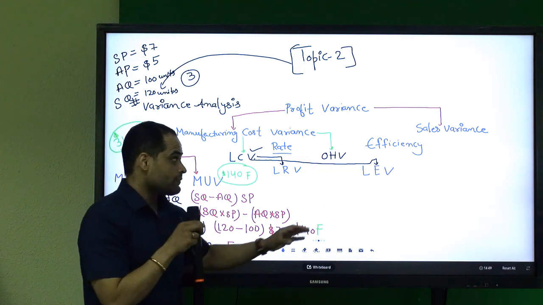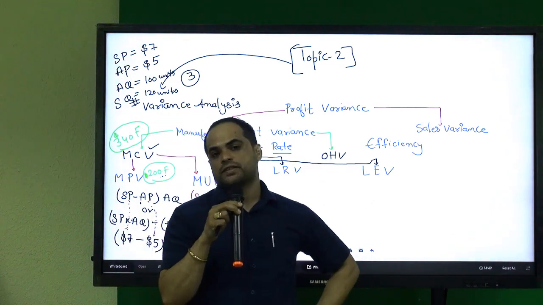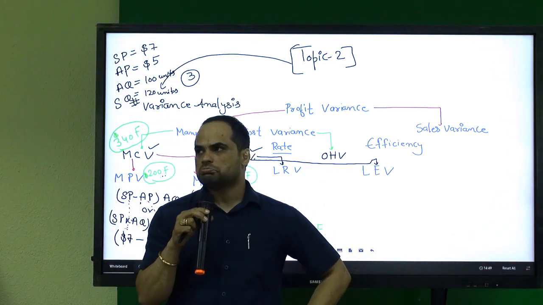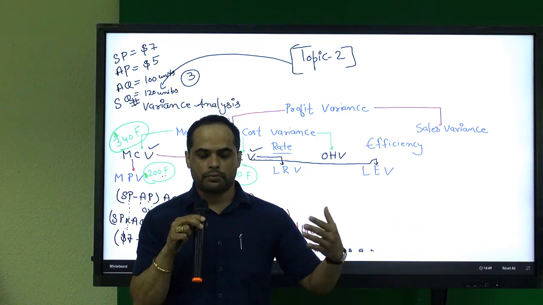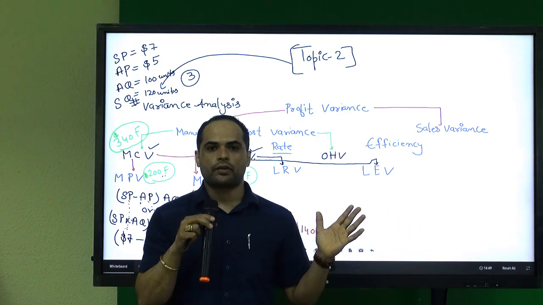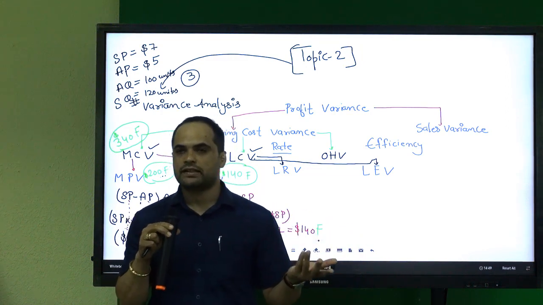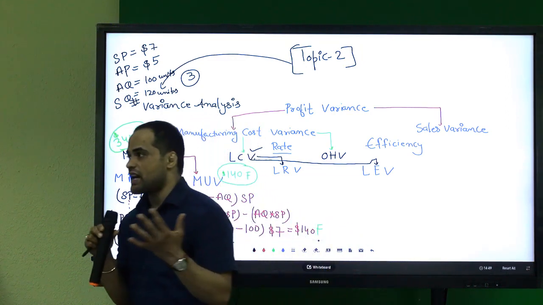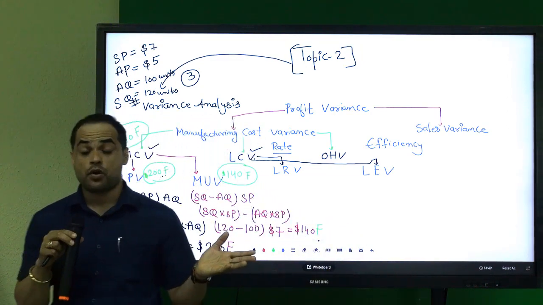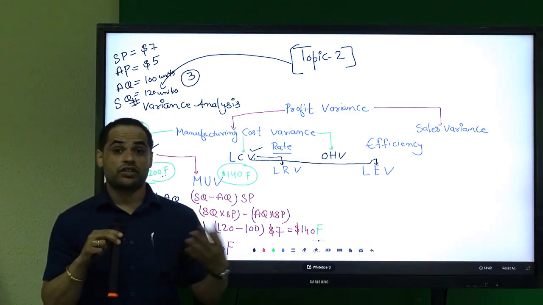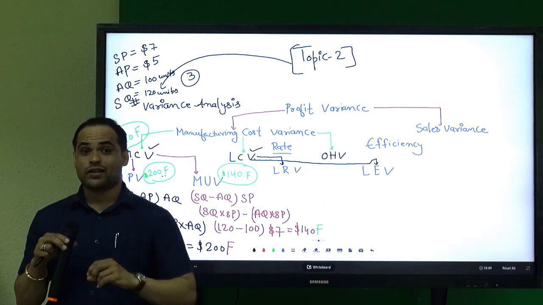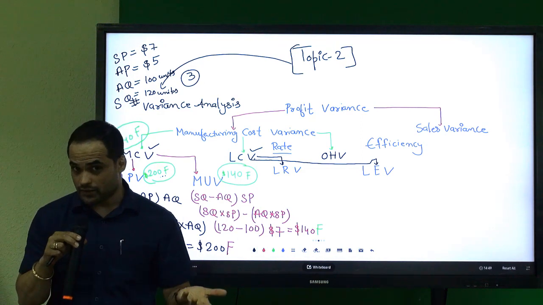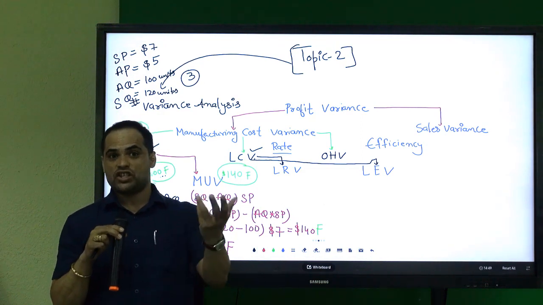Labor efficiency is more about their performance, how many hours they take to complete that particular product. Let's say I'm expecting that workers will work 10 hours and in these 10 hours they produce 500 products. But actually in 10 hours, they are producing 600 products. So their performance is not as good as they expected. That is the labor efficiency variance.